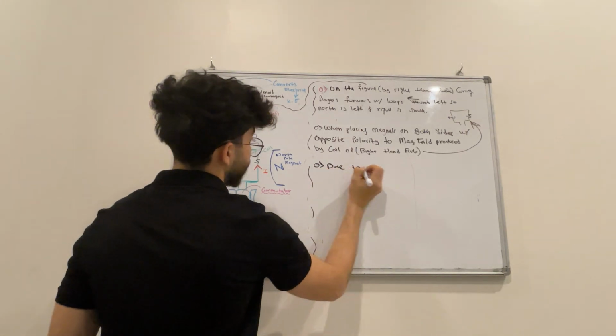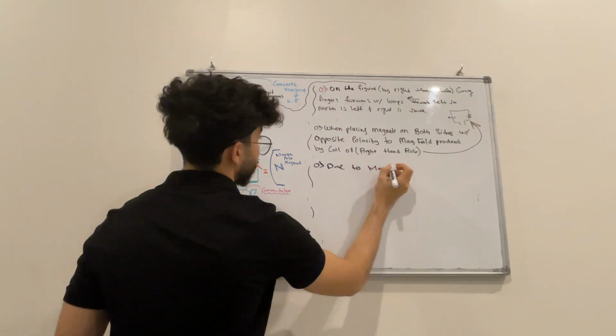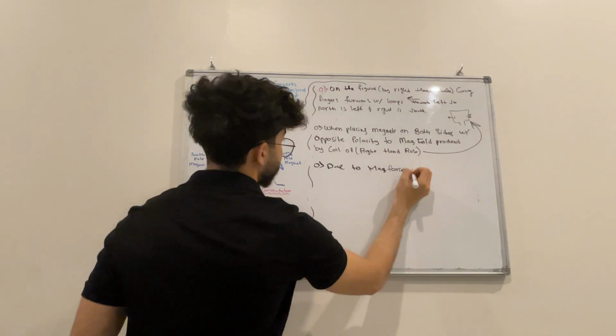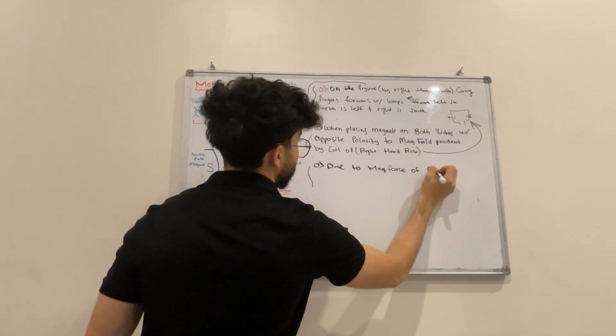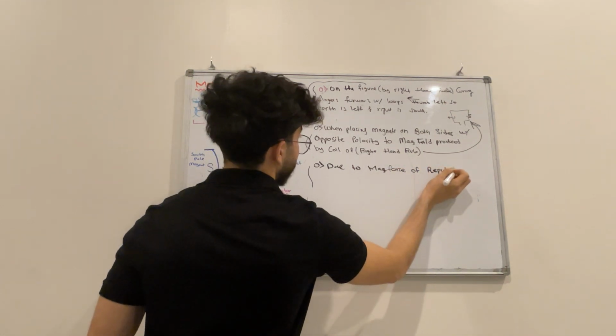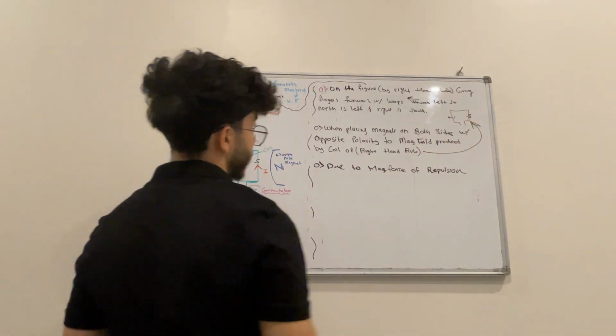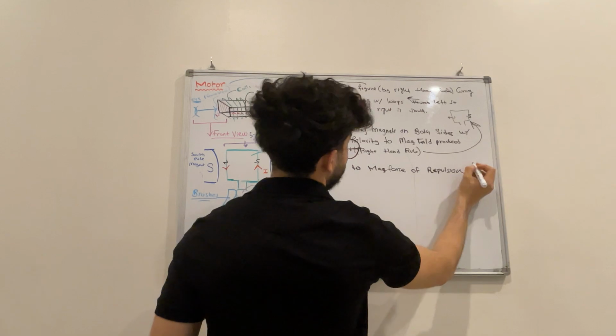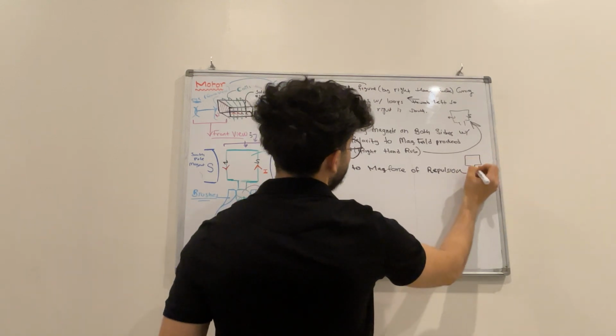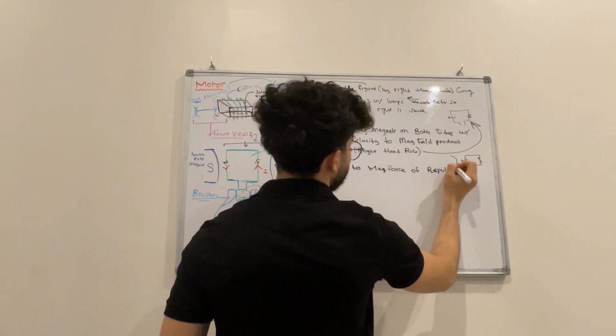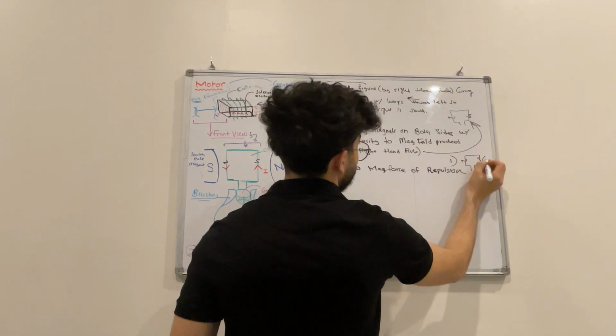Due to magnetic force of repulsion between this one and the magnet I will put around it. So let's take the same solenoid again. The same coil again. This is the north, this is the south. I will put this one south here, this one north here.